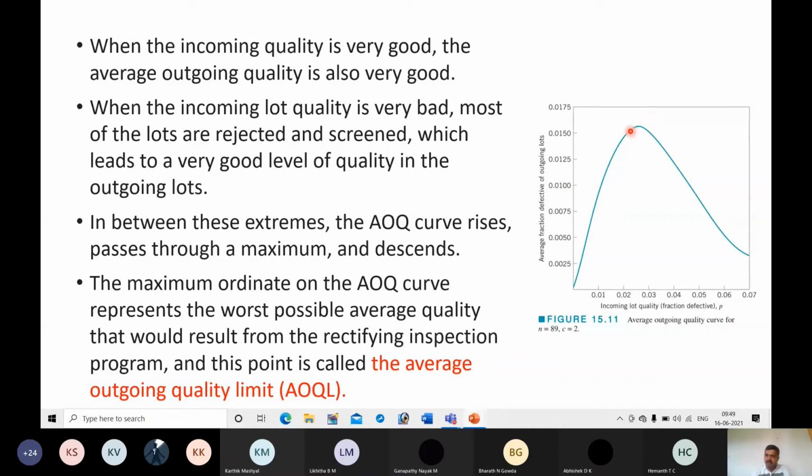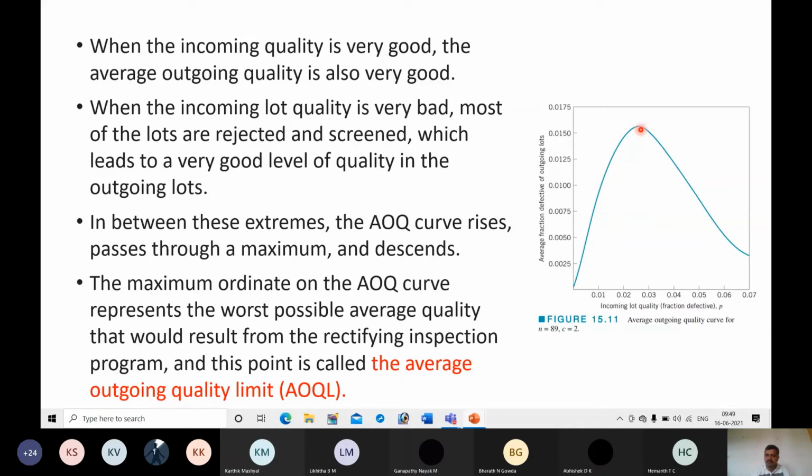That point is given by the peak of this curve. So that is called the average outgoing quality limit.